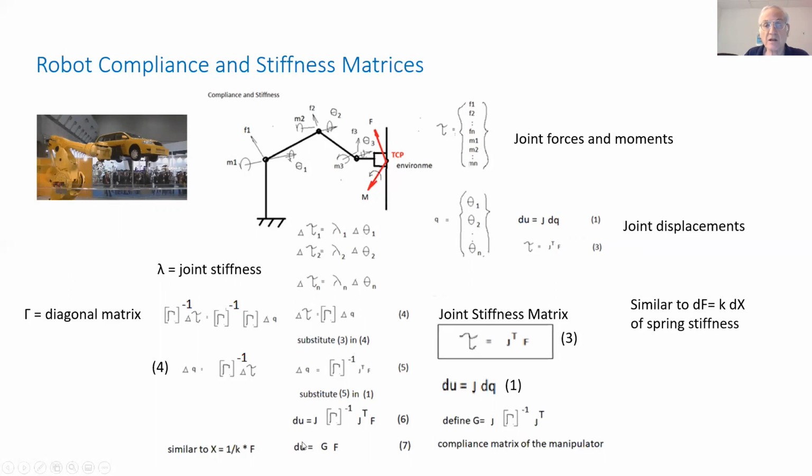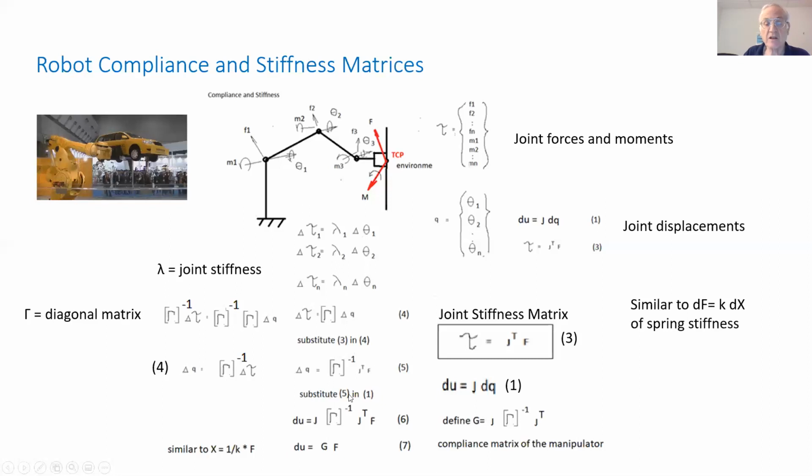Position could be linear as well as rotational, and there is the compliance matrix G, and the compliance matrix is equal to the Jacobian times the inverse of the stiffness matrix times the inverse of the Jacobian. So we could also define the stiffness for each joint experimentally, and then add them all up in a matrix to get the total stiffness matrix.